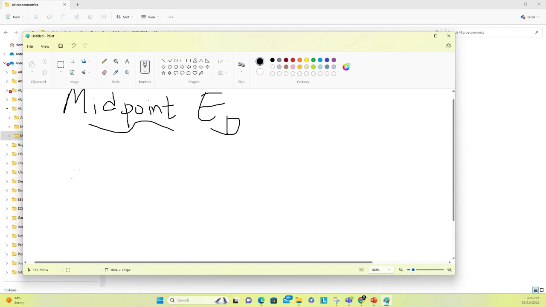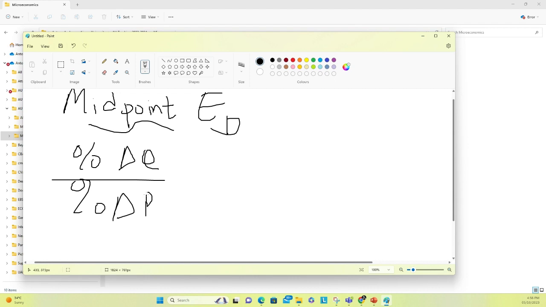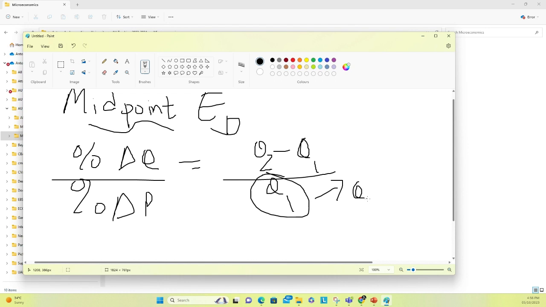So same thing. You have your percentage change in quantity divided by the percentage change in price. But the idea here is the percentage change in quantity. We used to do Q2 minus Q1 divided by Q1. Now this is where the change comes. You don't use Q1 now. Instead you take an average, Q1 plus Q2 divided by 2, and you get a number and substitute it here.